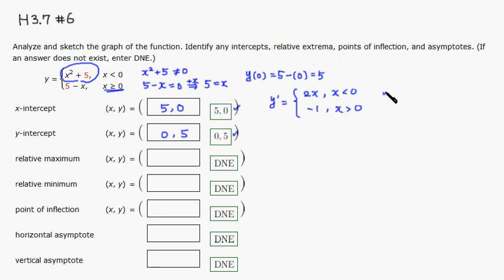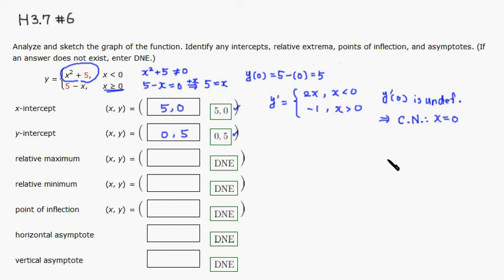So I'll make a note of that: y prime of 0 is undefined, right? But that makes x equals 0 a critical number. So a critical number is x equals 0.